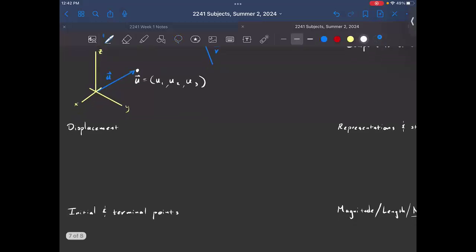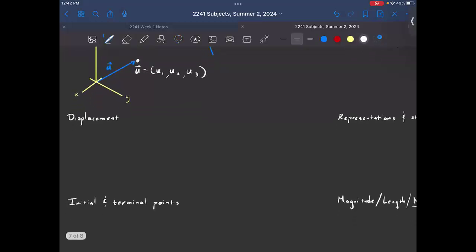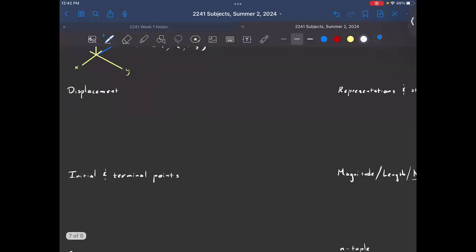All right, so next one is displacement. Displacement is a way of talking about a change in position. It's the net change in position. So if I were to start at some point, again, pretend we have an XY, we'll just do XY, coordinate system here.